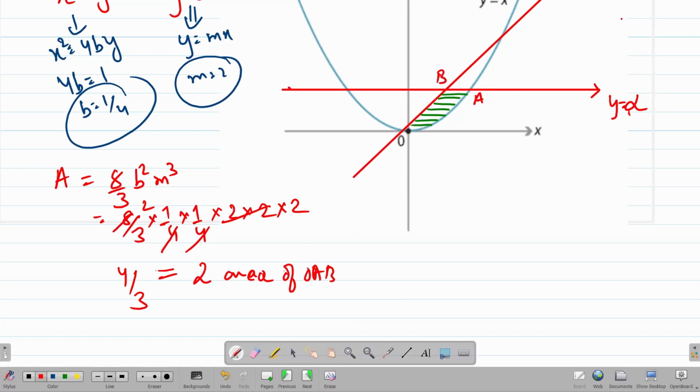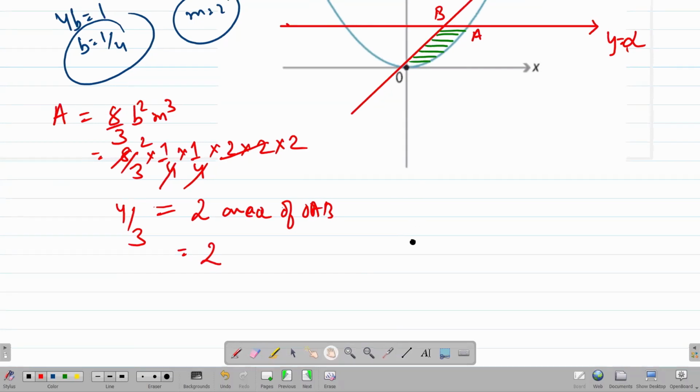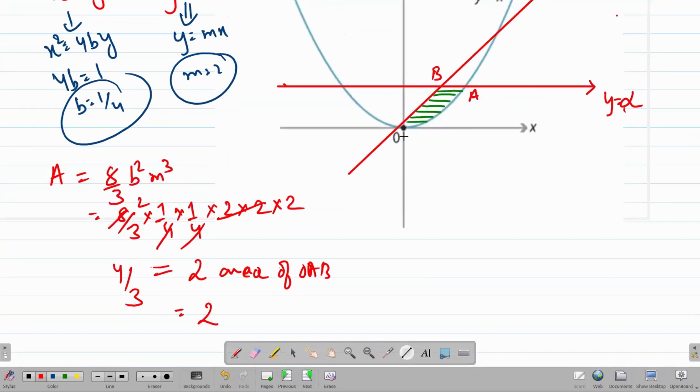Like using application of integrals, we are moving along y-axis. So what we do, we just equate this by 2 times and we are moving along y-axis from 0 to alpha.